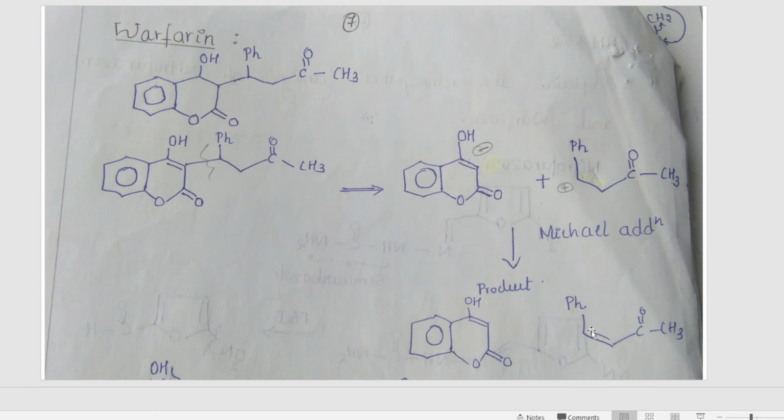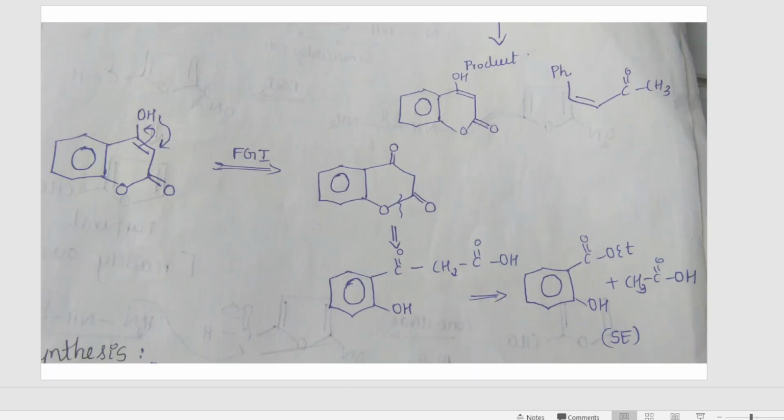So this cannot be further simplified, but this synthetic equivalent can further be disconnected and brought to a simpler structure. So you are taking this further and doing functional group interconversion. You're converting this OH group, the alcohol group, into a keto group. How do you do that functional group interconversion, students?